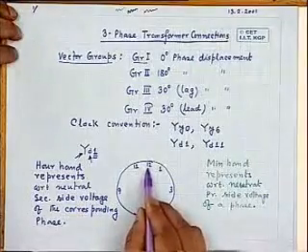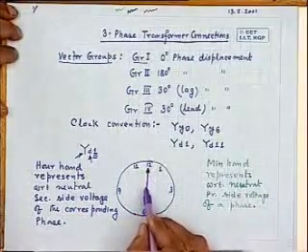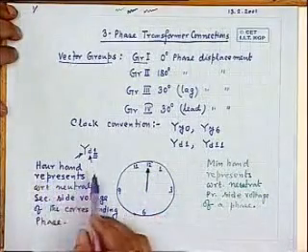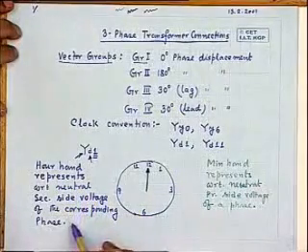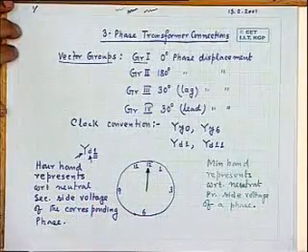That is, if this represents a phase voltage on the primary side with respect to neutral, the hour hand will represent, with respect to neutral, the A phase voltage of the secondary side.